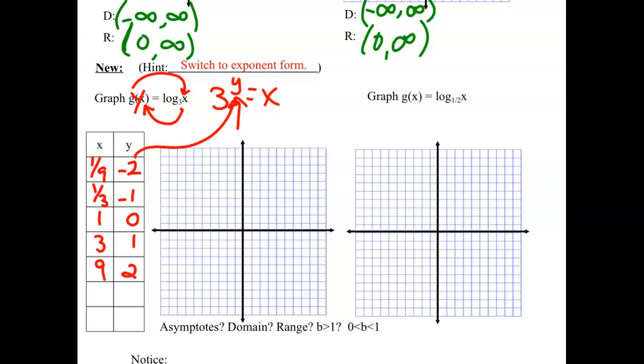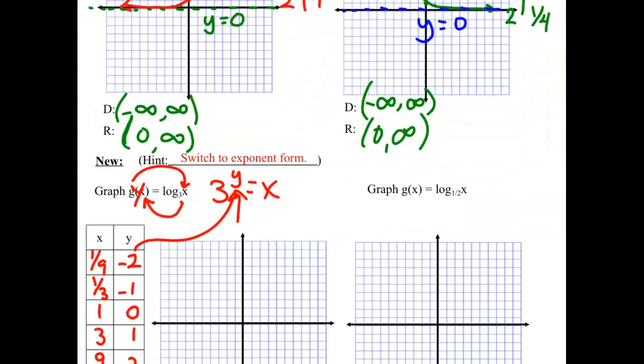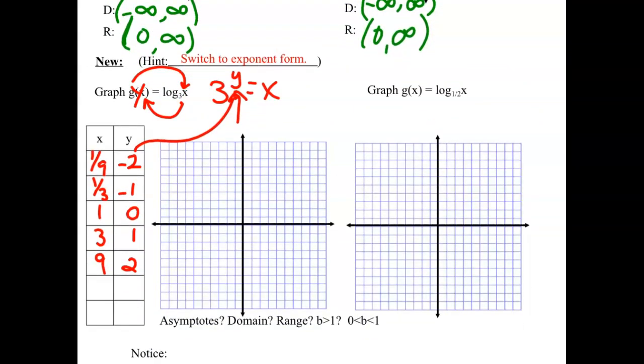They're just flipped, right? In our first graph, our x's were the -2 to 2 numbers, and our y values were the 1/9 to 9s. Here we've got that reversed. Those mean we have inverse functions, right? If our x and y's flip-flop, we have inverse functions. So 3 to the y equals x is the inverse of 3 to the x equaling y.